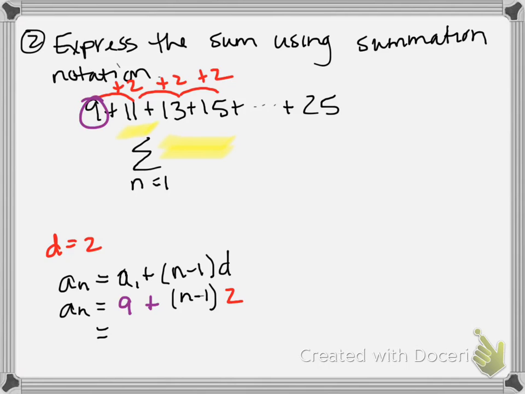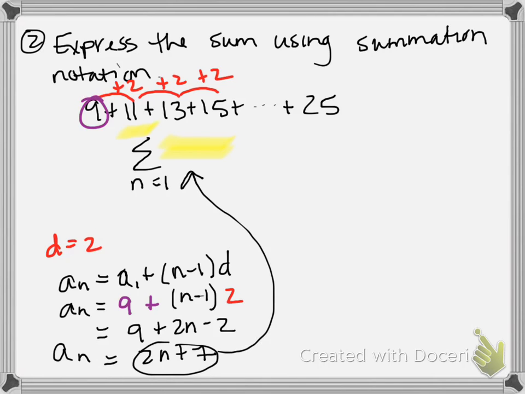So I get 2n plus 7 as my rule. So what I'm going to do is take 2n plus 7 and put it right here because this is the rule that's going to describe this series.